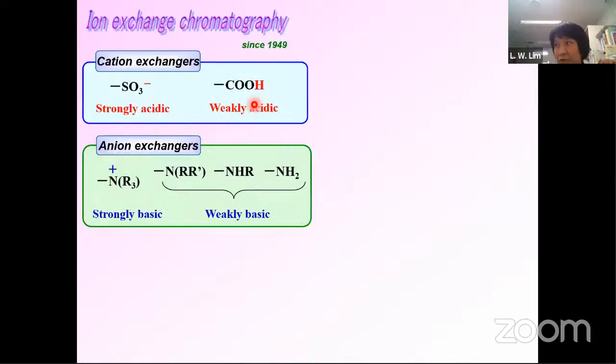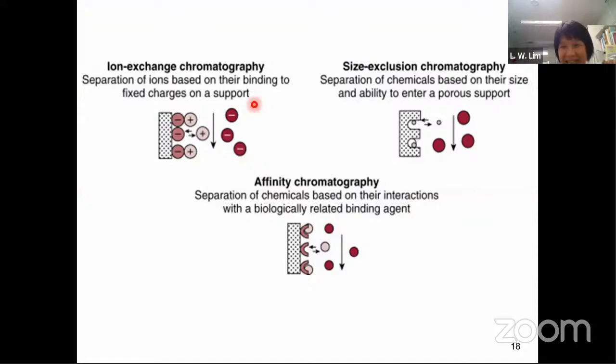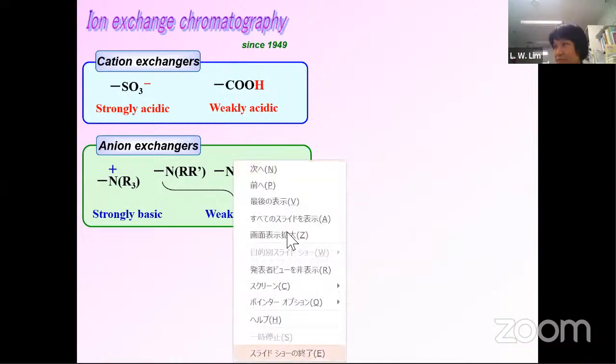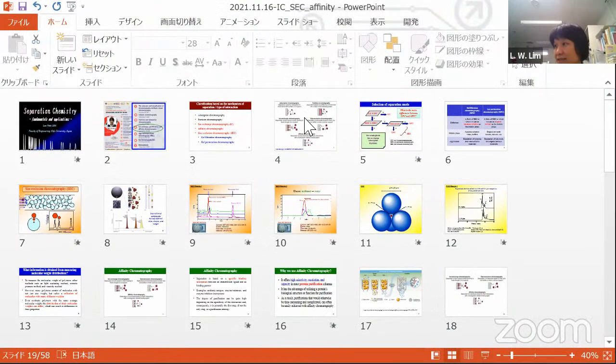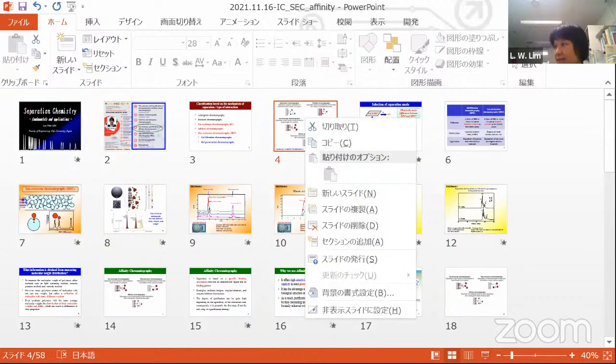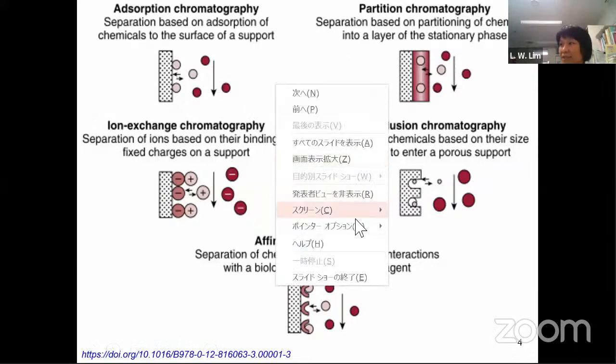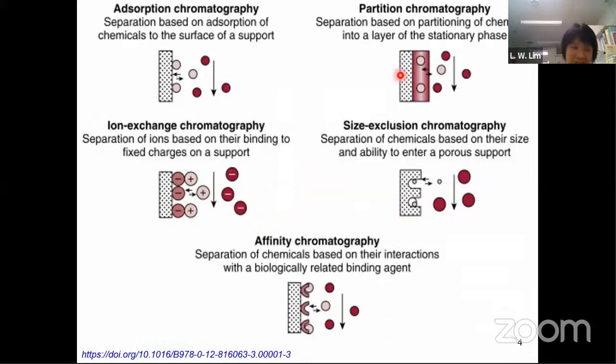Remember I said before, when we have this absorption, like last week when we talked about the partition chromatography, the layer of eluent will form a different layer on the surface of the stationary phase.